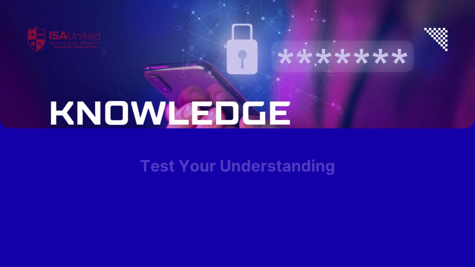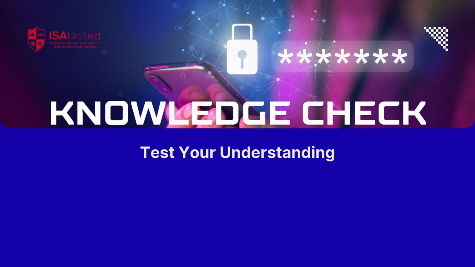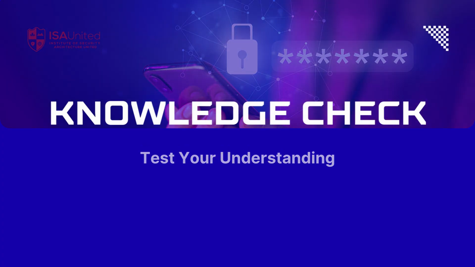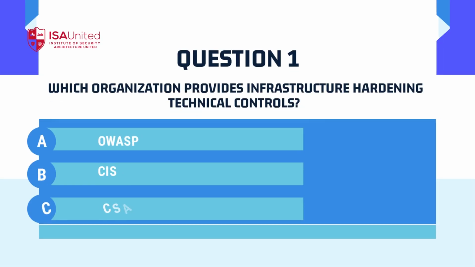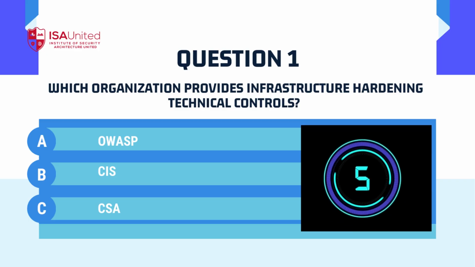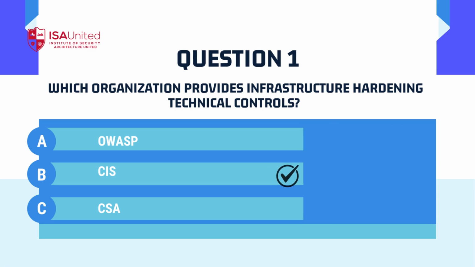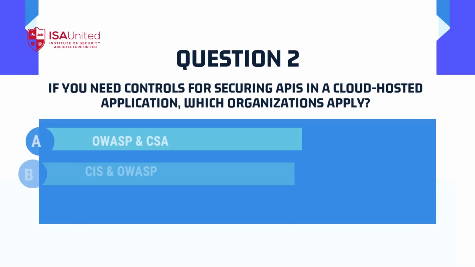Testing your understanding. Before we wrap up, let's do a quick knowledge check. Question 1. Which organization provides infrastructure hardening technical controls? A. OWASP. B. CIS. C. CSA. Question 2.